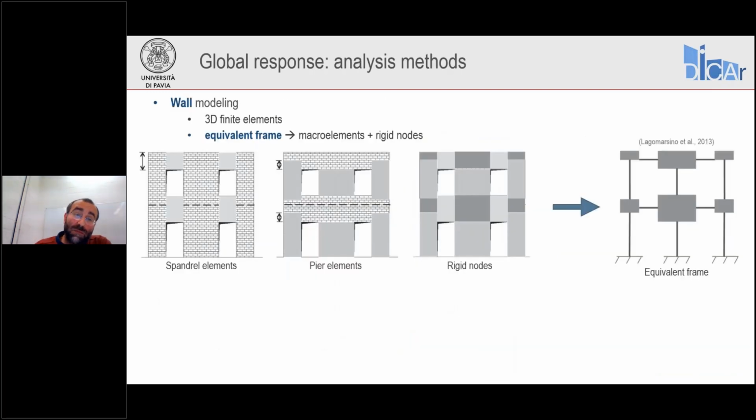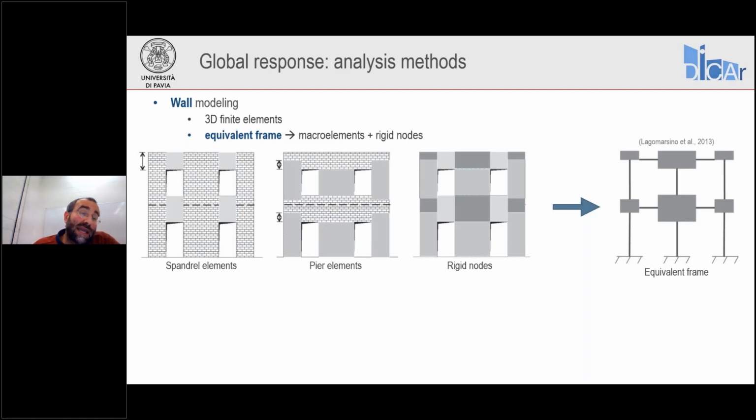In terms of modeling of the walls, we can either use 3D finite elements, but this requires quite detailed knowledge of the material, and it's quite a time-consuming analysis. Or in most cases in practice, we use a so-called equivalent frame approach, where we make use of macro elements and rigid nodes.